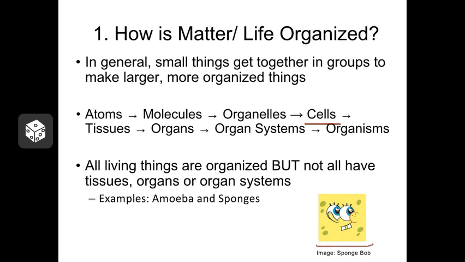They don't really have real tissues or organs or organ systems. They're really simple organisms. Other organisms, such as amoebas and bacteria, just go to the level of cell as well, but we still consider them living things. So not all living organisms have all of these levels, but all of the really complex ones have these levels.